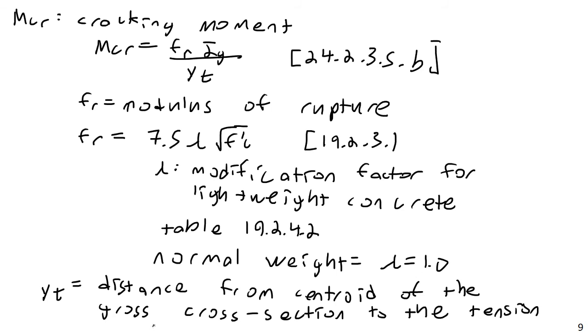And maybe I'll illustrate this with some examples in case you can't grok that. Grok is a great word. Okay. So yt, let's say you have a nice rectangular beam. Maybe your tension reinforcement is here, and the centroid of the gross cross-section, not the centroid including the steel, might be there.